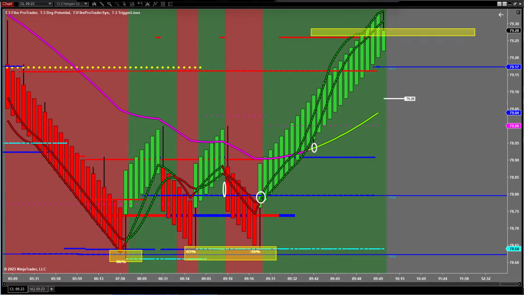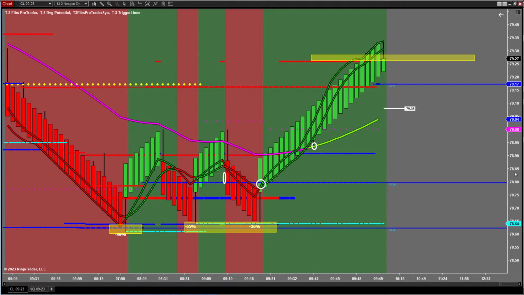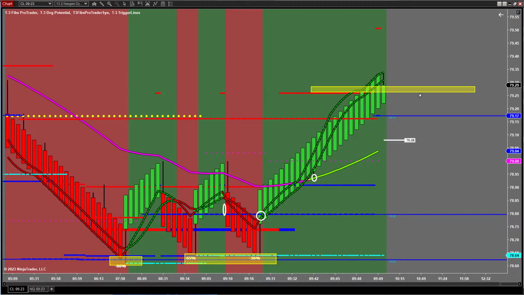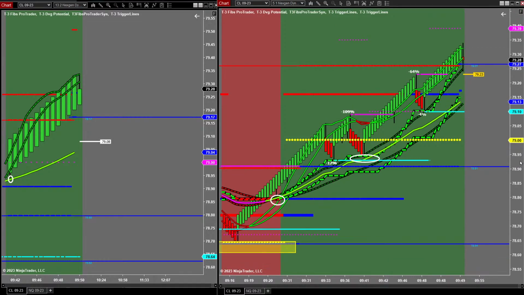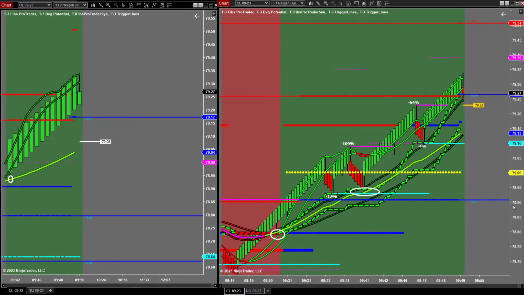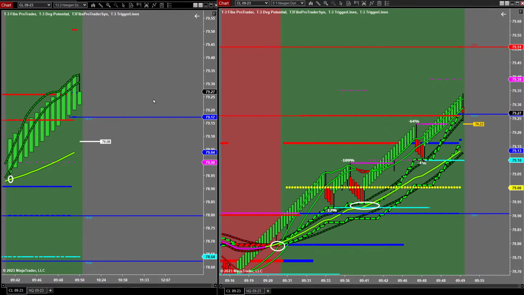And, again, it made it all the way to the second fib, and we'll see, they might keep going. Anyway, that's pretty cool, right? When it actually behaves and does what it's supposed to do. All right. Now we'll see if they're going to stop or they're going to keep going.